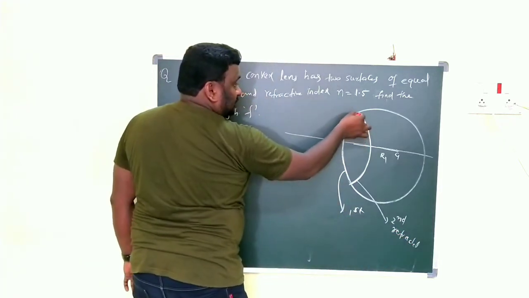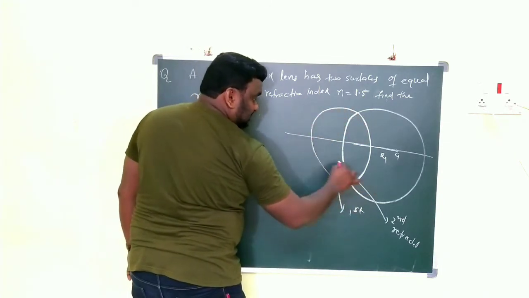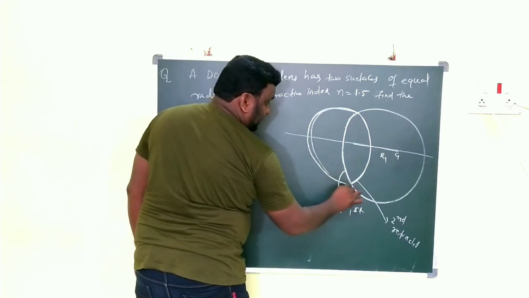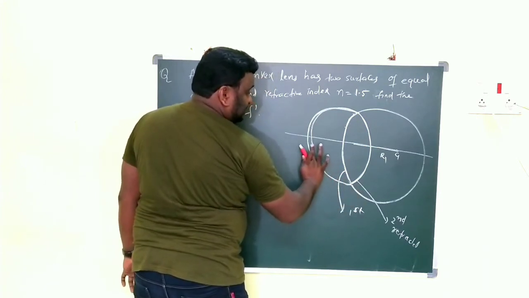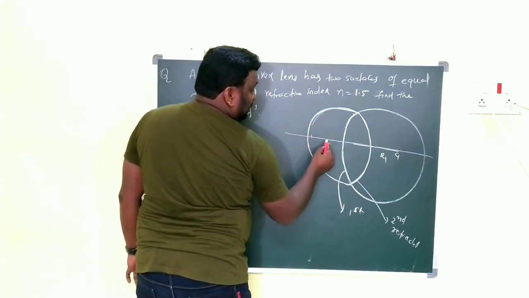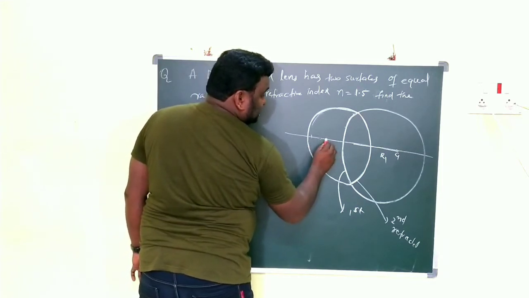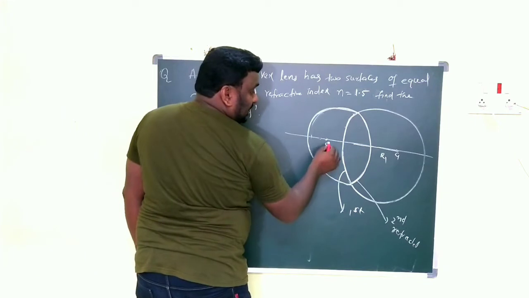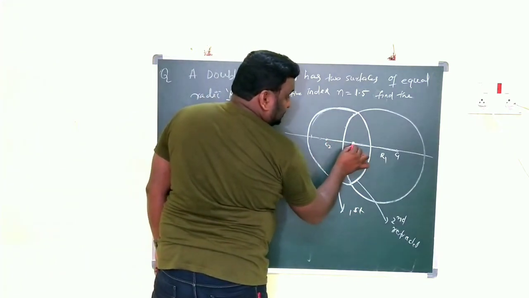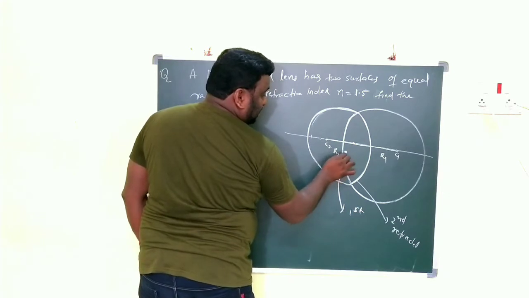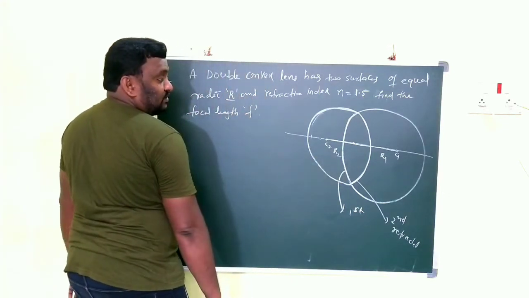Clear? So this is the sphere for the second refracting surface. Now this is C2, the center. From the optic center to C2 it is R2.